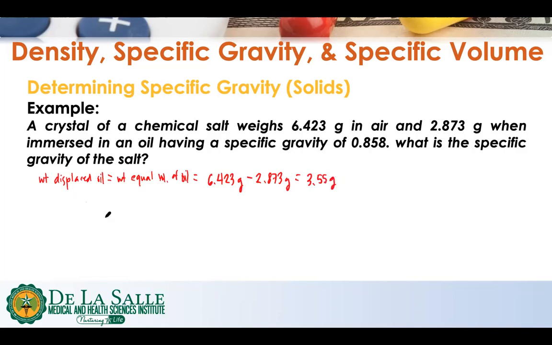Now, we know that the specific gravity of the oil is 0.858. We also know that this oil, at least in this particular experiment, has a weight of 3.55 grams.